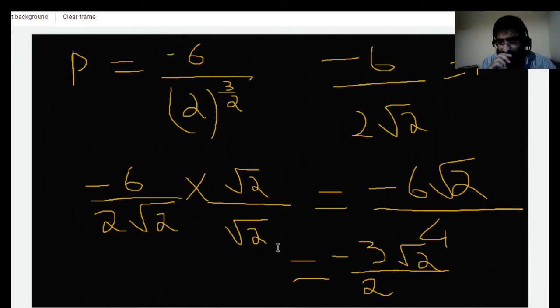What's your final answer? Minus 3 by 2 root 2. It should have been minus 3 by 4 root 2. Wait a second, there is some mistake at this step.